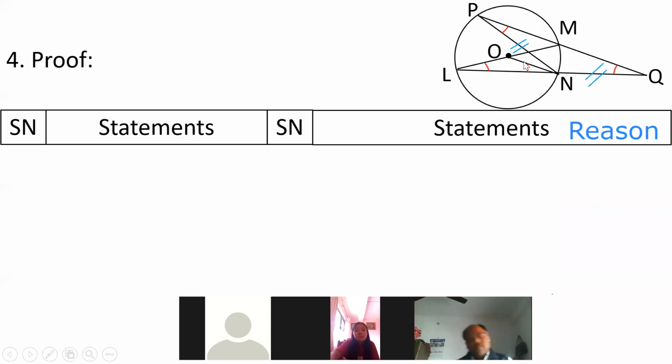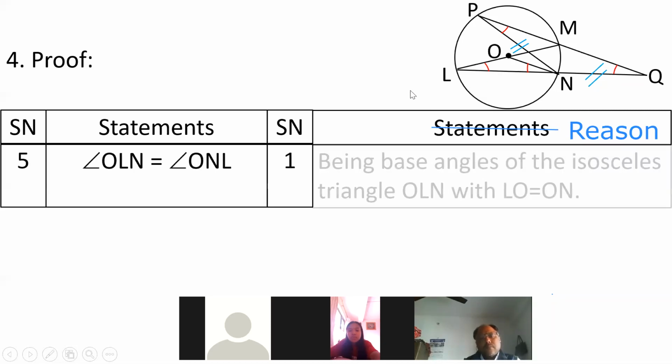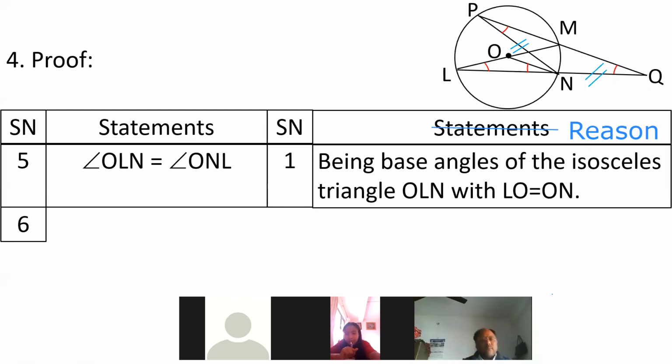These two are also base angles of the isosceles triangle OLN, because this is a small triangle and OL and ON are radii of the same circle. So OL equals ON. So this is an isosceles triangle. So base angles must be equal. So we can take this as base angles of isosceles triangle OLN.